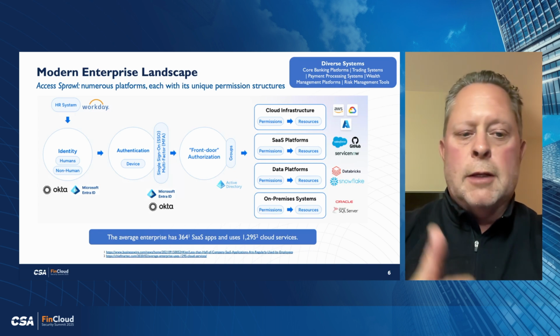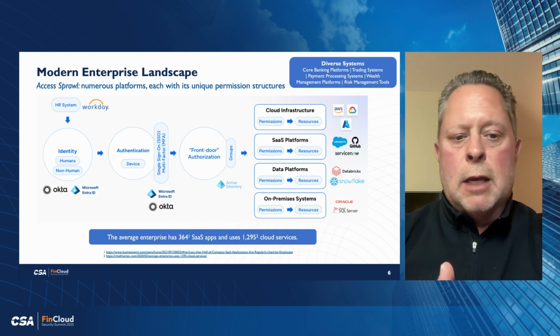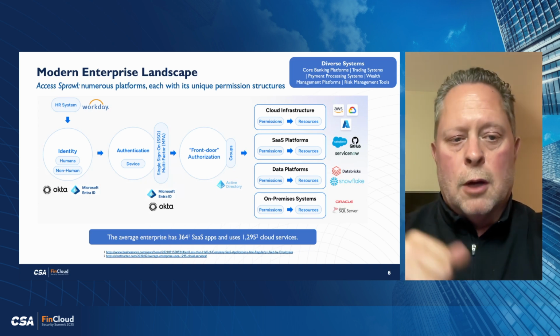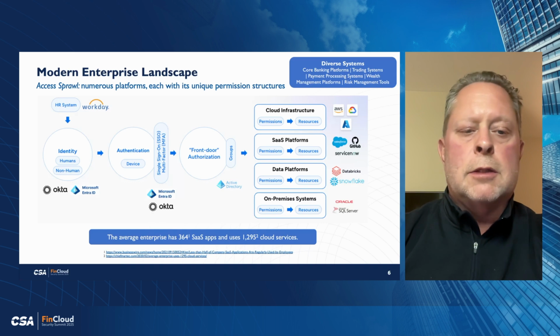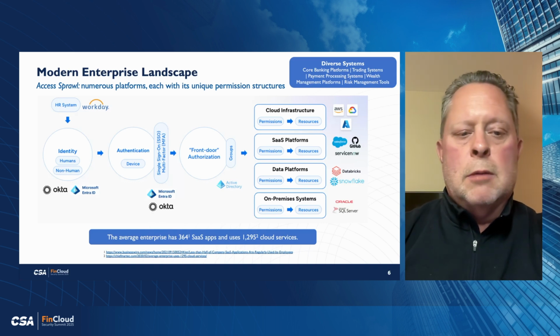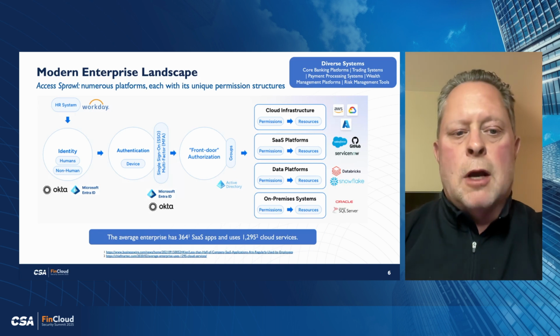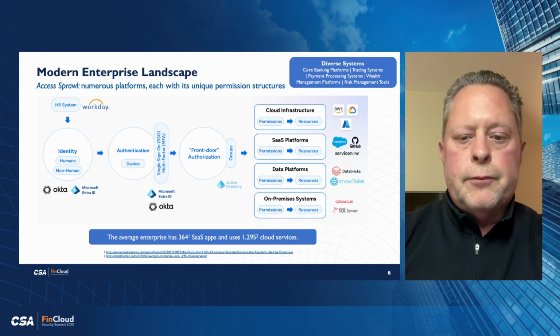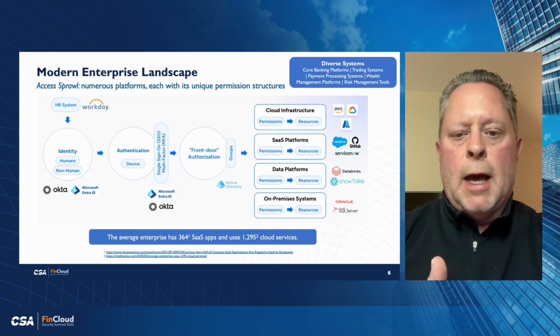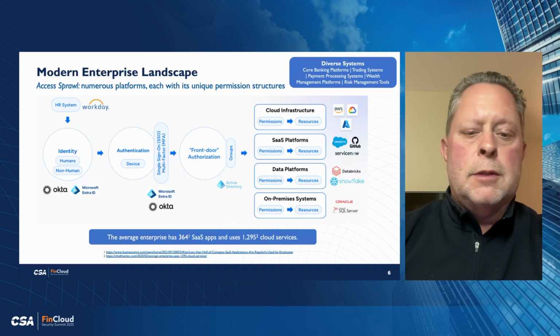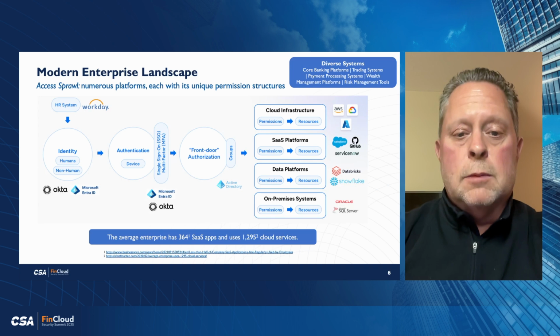So you have your identity landscape, you have your authentication landscape, you have your front door authorization, as I call it, and various systems and solutions that may be providing your human capital management, whether it's Workday or a separate system driving your contingent workforce. And then on the back end, if you will, the targets: you have cloud, you have SaaS, you have data platforms, and we all still have on-premise systems.